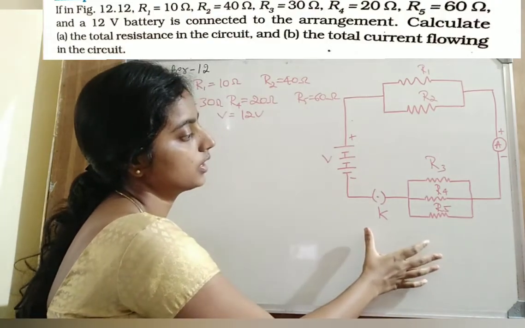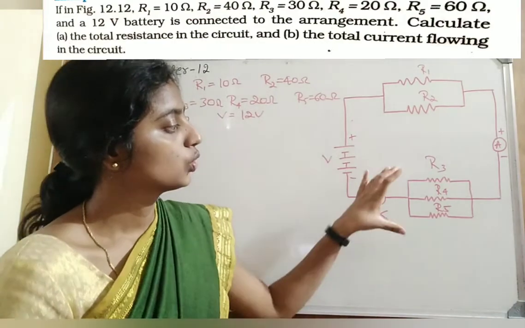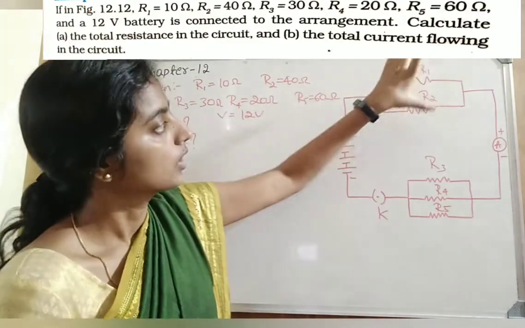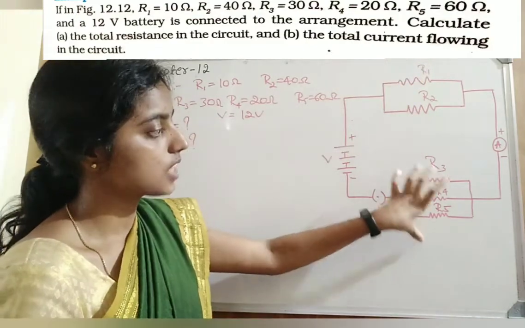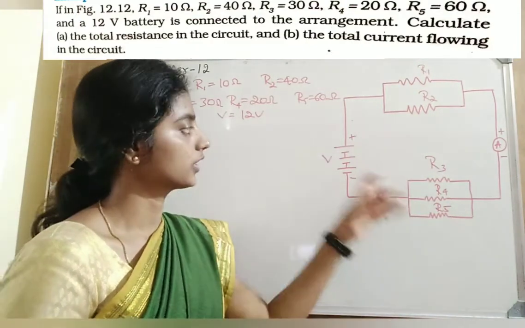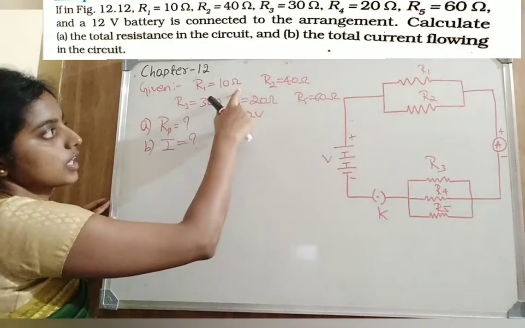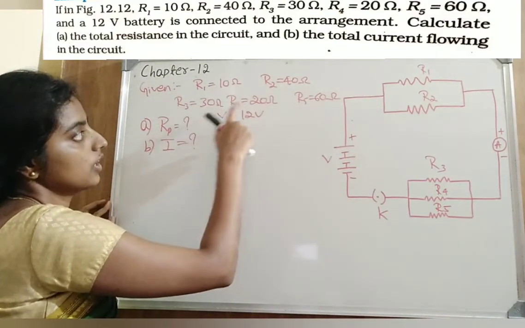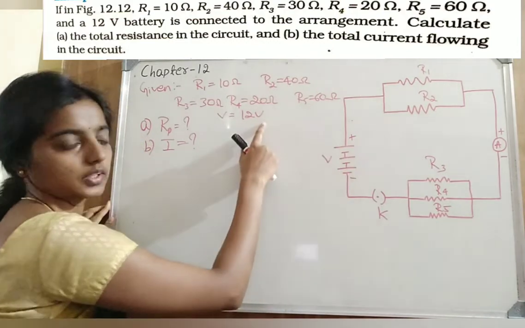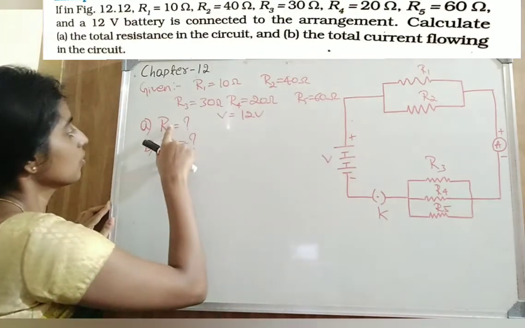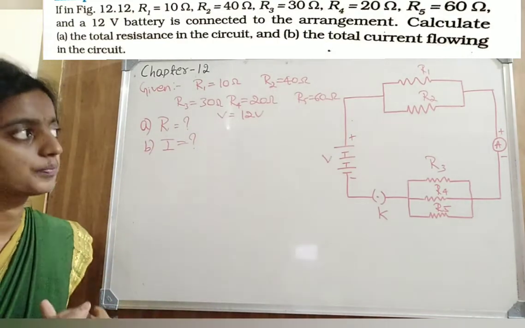Here, resistors are connected in parallel in two compartments. R1, R2 makes one parallel, and another one is R3, R4, R5, which are connected to the battery. So R1 value is 10, R2 is 40, R3 30, R4 is 20, R5 is 60 and 12 volt. Here we need to find the total resistance and total current.